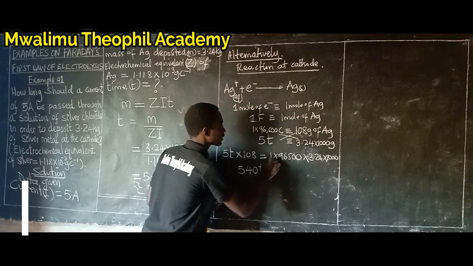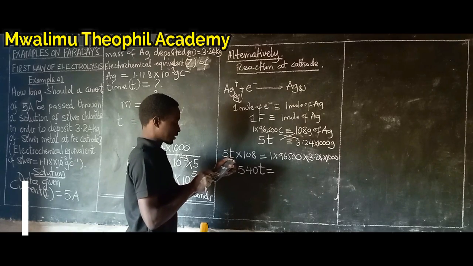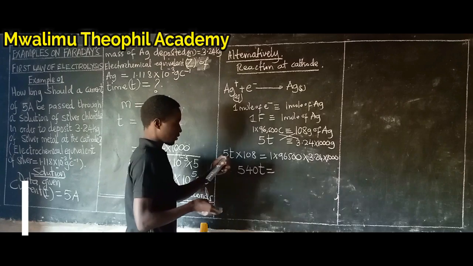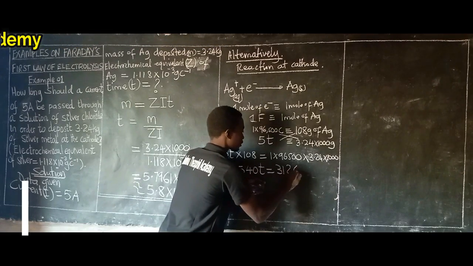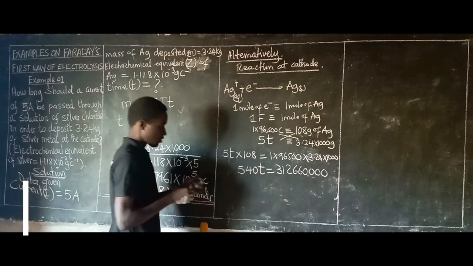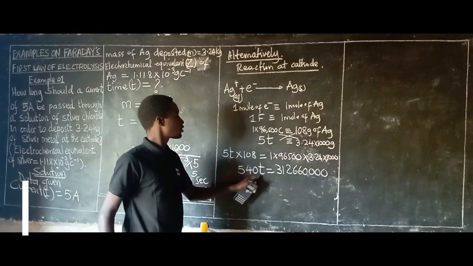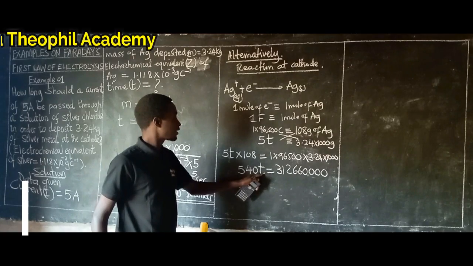It will be equal to, let us multiply also this: 1 times 96,500 times 3.24 times 1000. Here we are going to have 312,660,000. Now, what next is to divide by 540 both sides so as to obtain a known value of t, which is our required time.